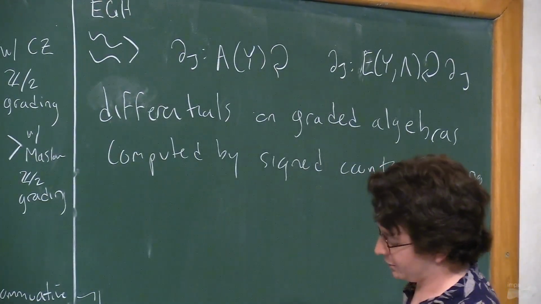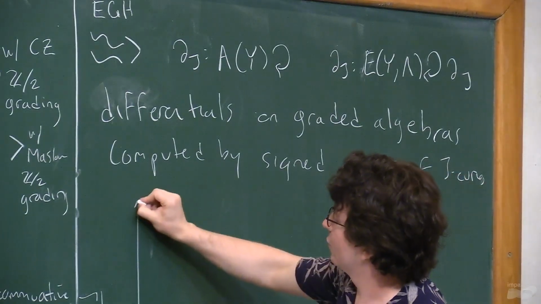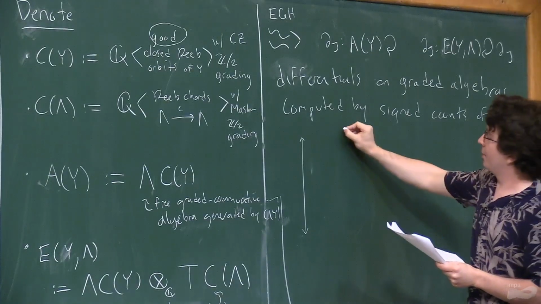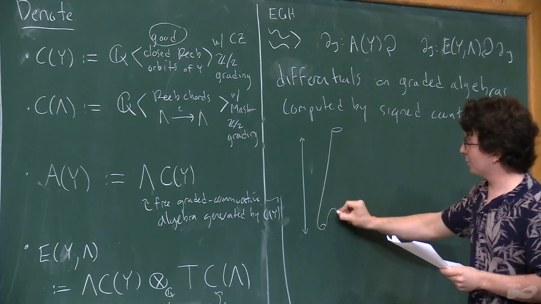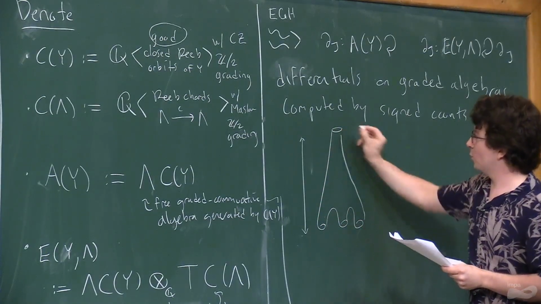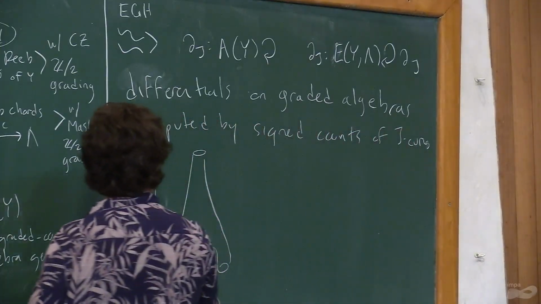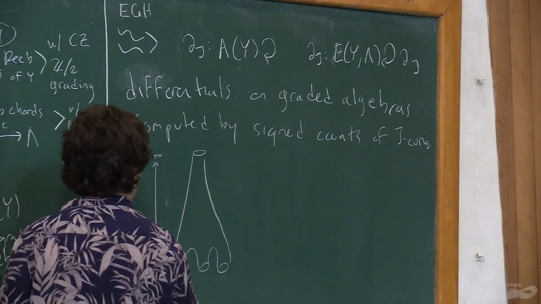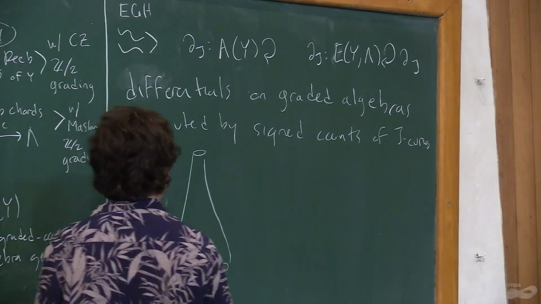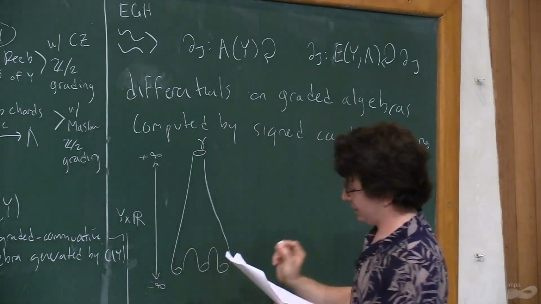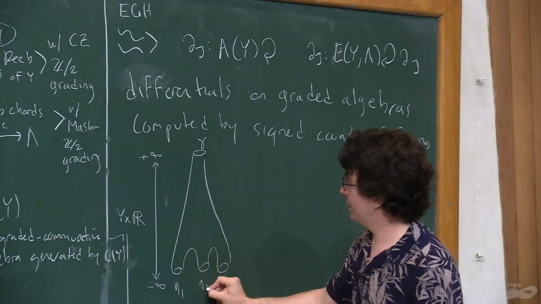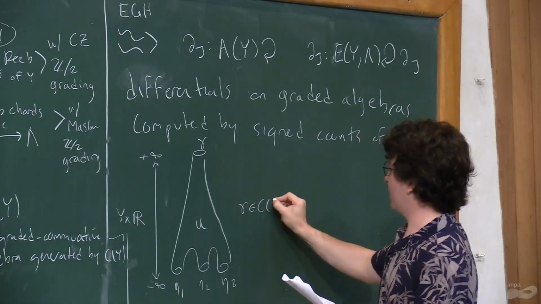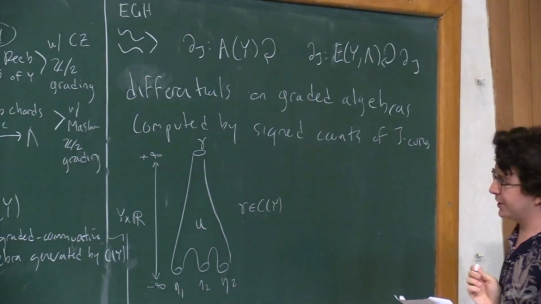Okay, and what do the J-curves look like? For the contact homology, so for A of y, which is called the contact homology algebra, the differential is counting holomorphic pairs of pants with one input and one output in y cross R. This is the plus infinity part, and this is the negative infinity part. Maybe this is our starting orbit, and this is our ending orbit. This is our holomorphic curve. And this is for any of the generator orbits in this vector space.